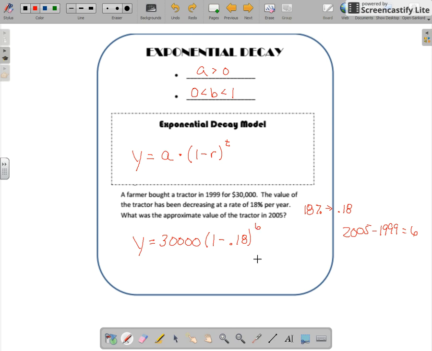Typing this exactly into your calculator, 30,000 times parentheses 1 minus 0.18, close parentheses, raised to the 6th, you get that y is equal to 9,120 and 20 cents. So after 6 years, your tractor is now only worth $9,120.20. That's a big difference over just a 6-year time span.